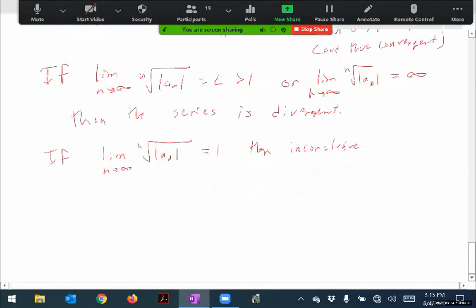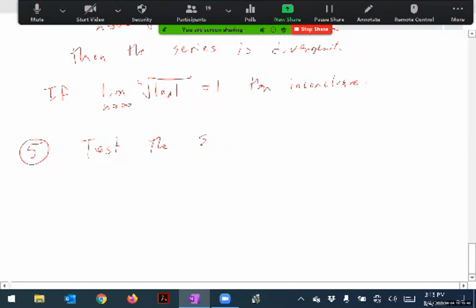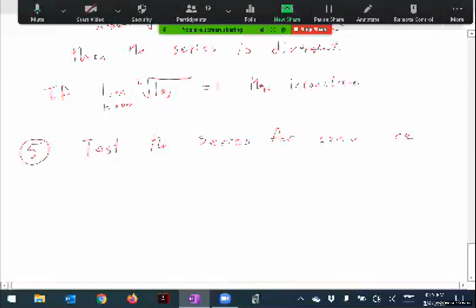Let's do a root test example. We want to test the series for convergence. Does this thing converge or not? The series is summation n equals 1 to infinity of ((2n plus 3) over (3n plus 2)) to the nth power.